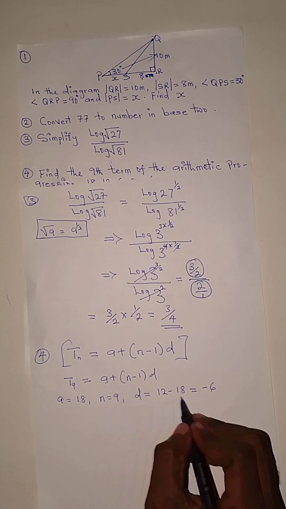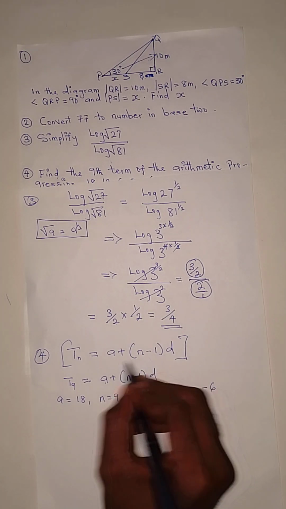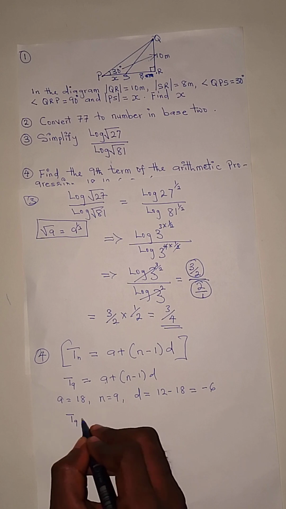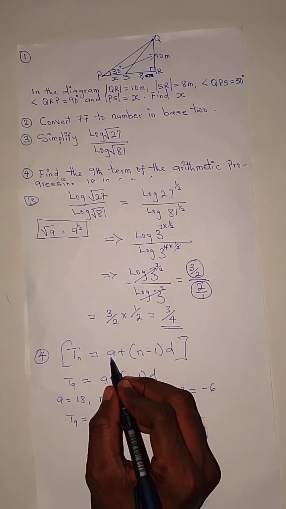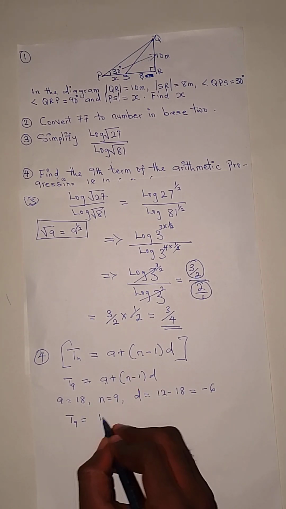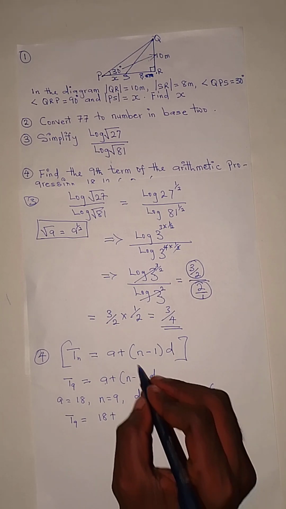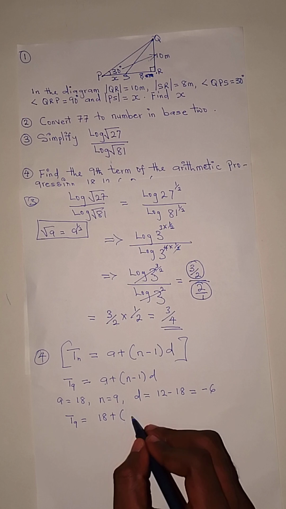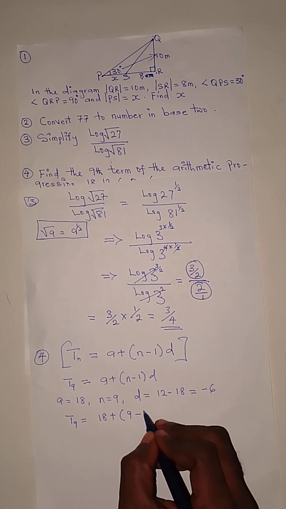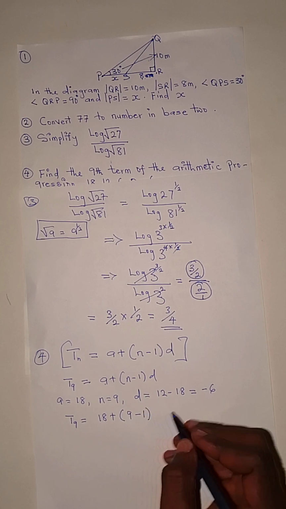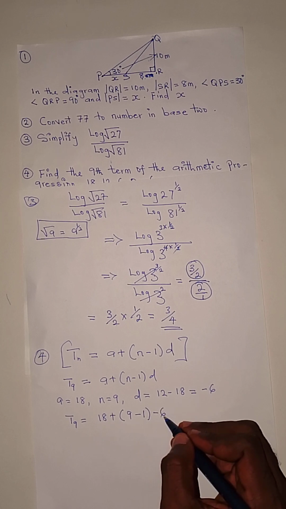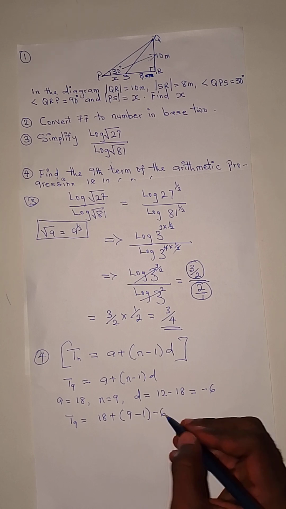So we can now plug in these values into this formula. So the 9th term is going to be equal to, the first term is what? 18 plus, open bracket, n is what? N is 9. So we plug in 9 there, minus 1, close bracket, times what? Minus 6. Okay.